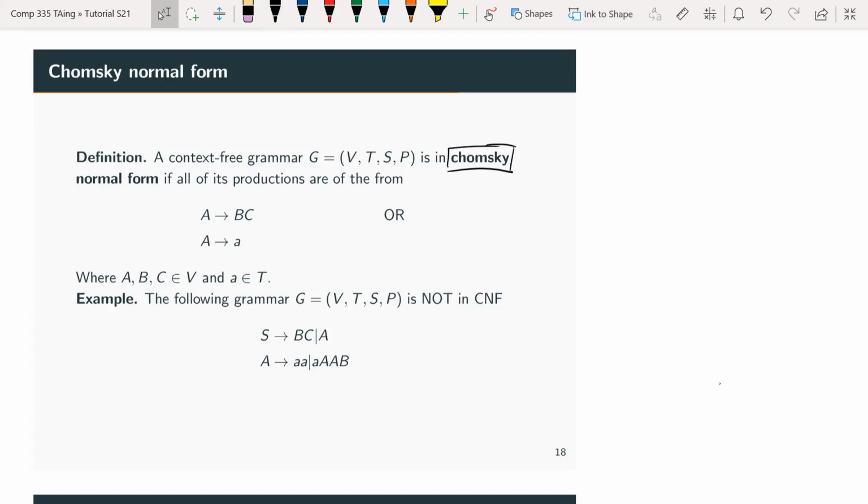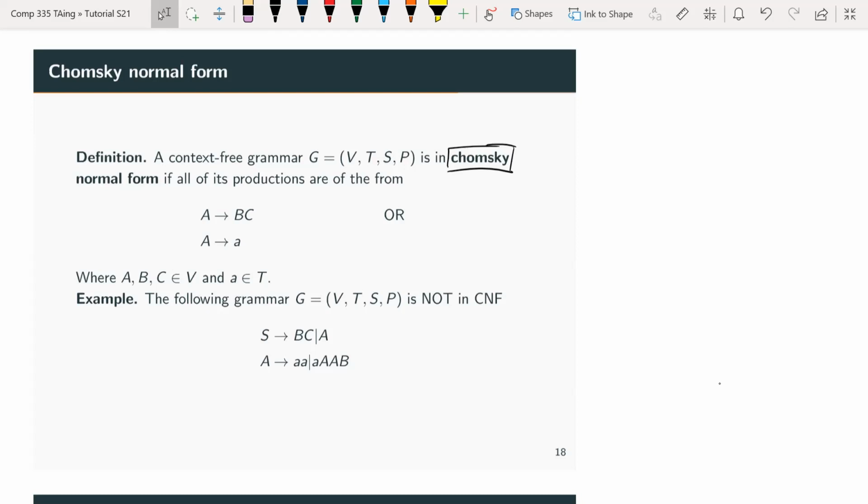So normal forms, why are they useful? Chomsky normal form is actually quite useful because you might have seen this in the lecture, but it's a good way of taking a context-free grammar and converting it to CNF so that the parsing of the grammar is a bit faster. If I remember correctly, it's not that much faster, it's still something like n cubed.